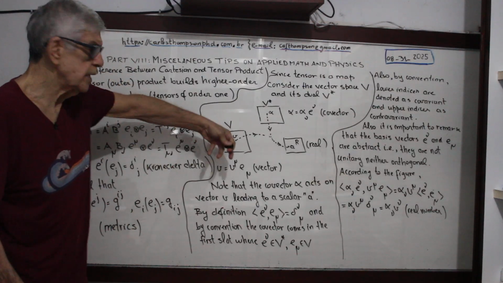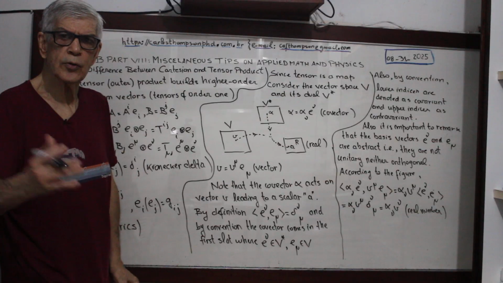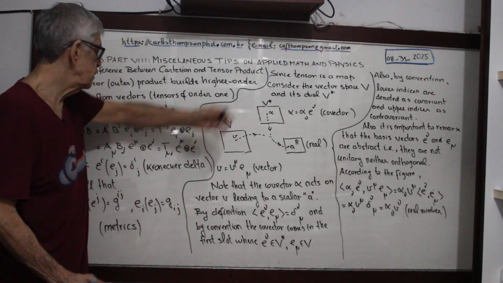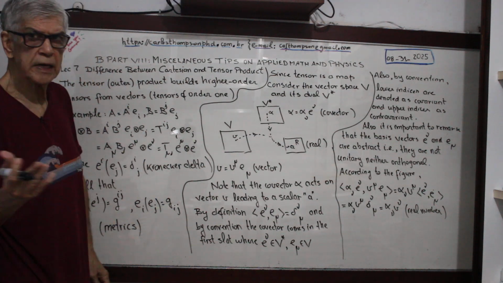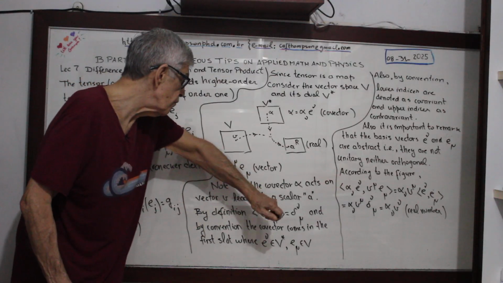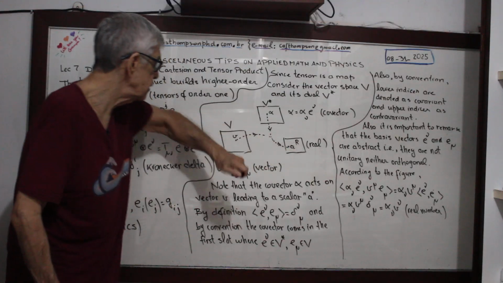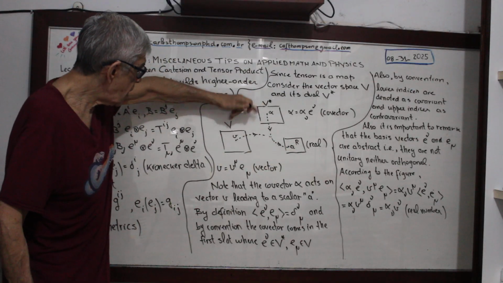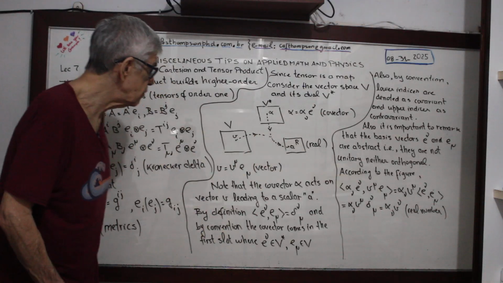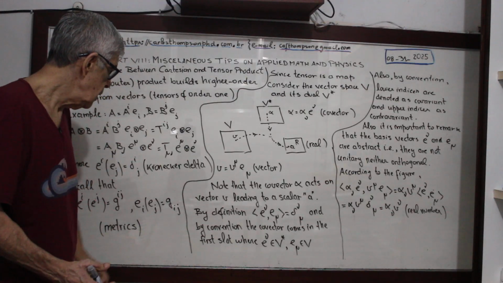In relativity theory we use Greek letters, not Roman as in classical mechanics, for instance. So note that the covector α acts on vector v leading to a scalar a. You see in this figure, α acts on the vector v leading to a real number.